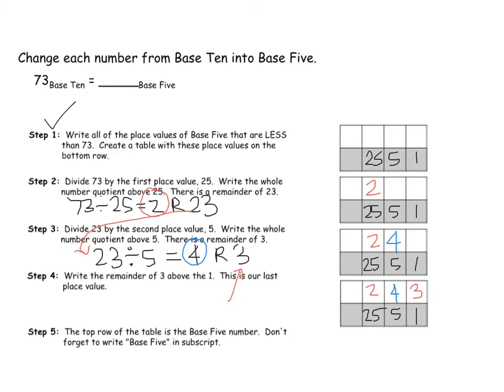So this number here in the top row, that is our final answer. 73 written in base 5 is 2, 4, 3. So I went ahead and I wrote that in my answer spot, 2, 4, 3.